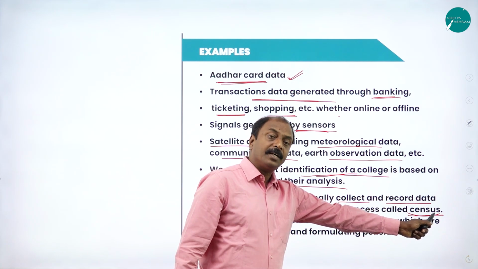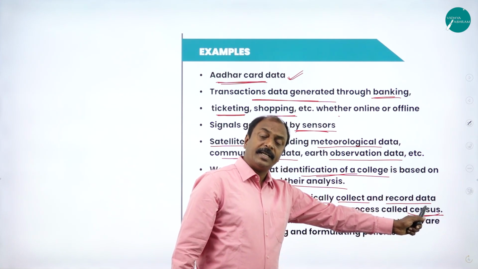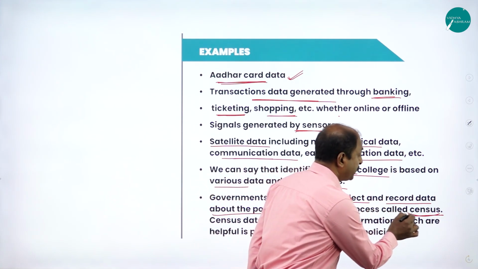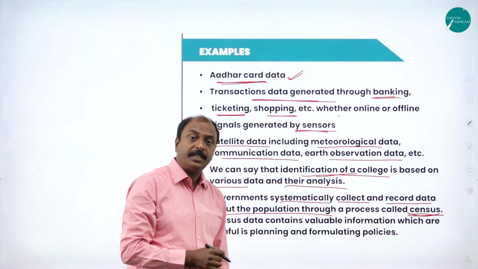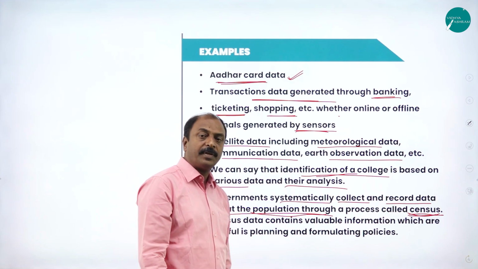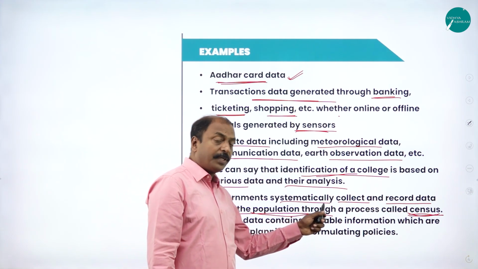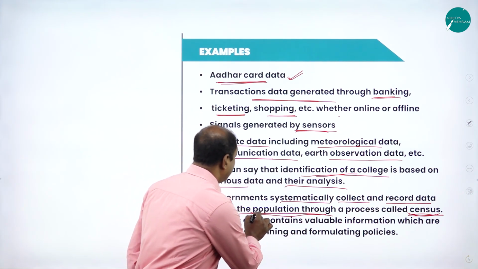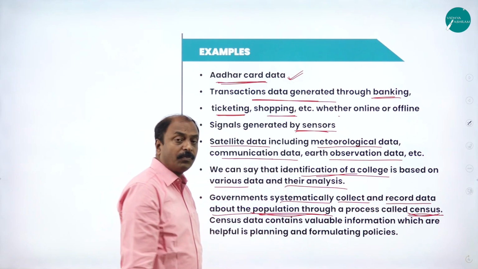See, that is data gathering. So through census, they get the details of all the citizens of India, and the result is that they get the population of India or any country. That is the importance of data.